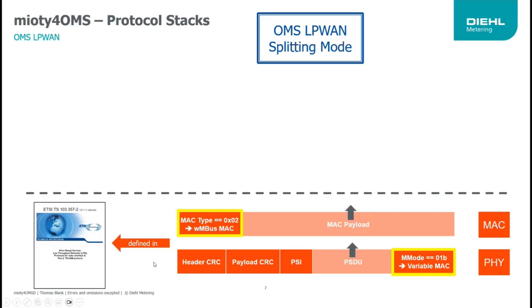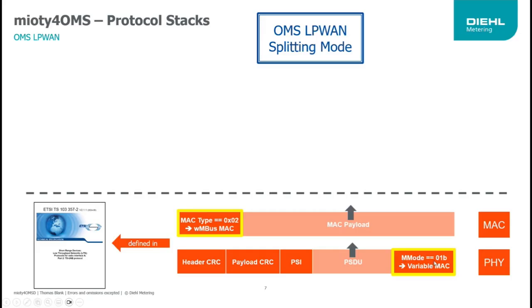And out of this, in this OMS LPWAN splitting mode, we are using the physical layer, as I already said. And this is well known. Important to understand is that the splitting mode is based on the variable MAC, as I mentioned, and this is introduced with the field called M mode, the MAC mode field.